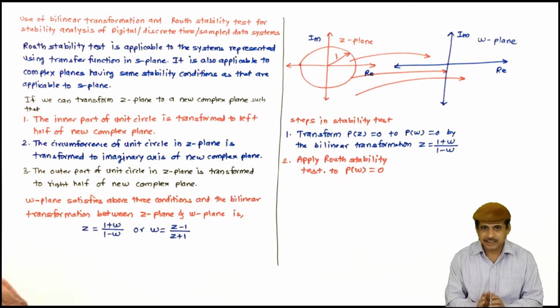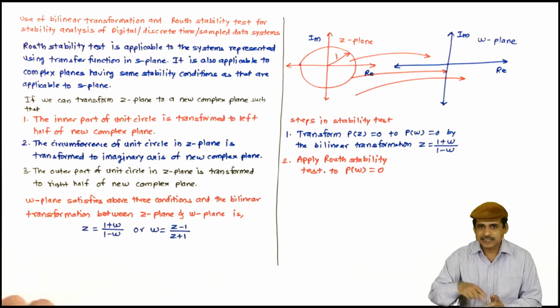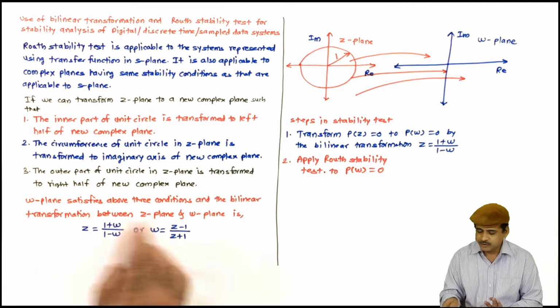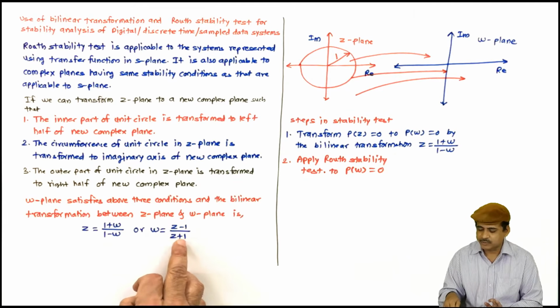After applying the bilinear transformation, the inner part of unit circle in the Z plane shall be transformed to left half of W plane or the new plane. Outer part of unit circle in Z plane shall be transformed to the right half of new plane, and circumference of unit circle in Z plane shall be transformed to imaginary axis in the new plane, and that new plane is W plane. And the bilinear transformation is Z is equal to 1 plus W upon 1 minus W, or equivalently W is equal to Z minus 1 upon Z plus 1.